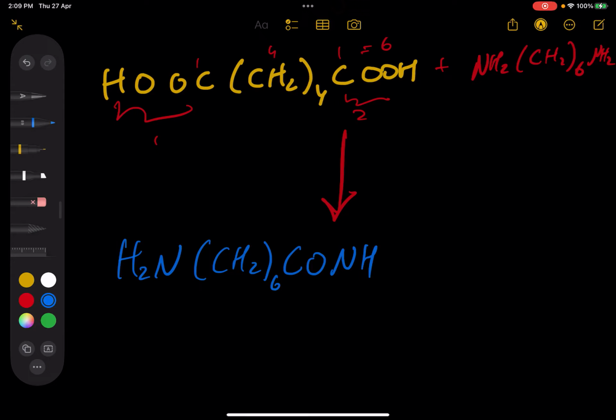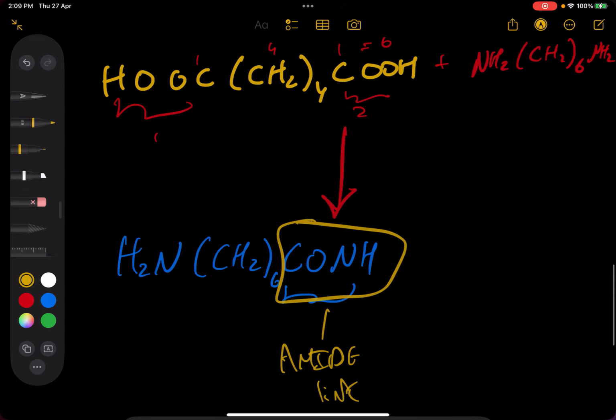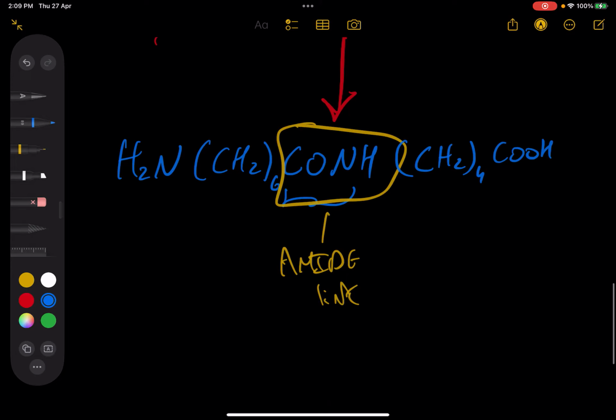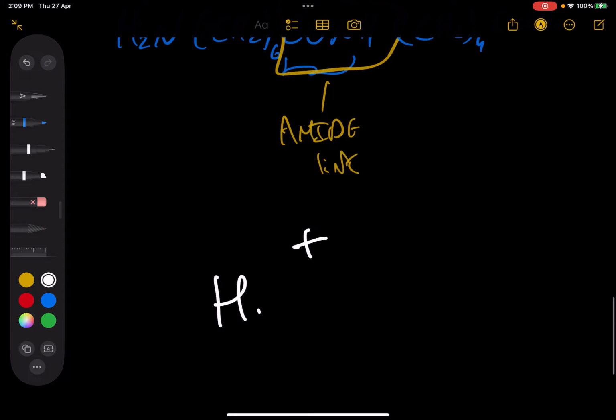Okay, this is the amide link. Then we have the rest of the hexane dioic acid: CH2, we have four of them, COOH. Also, what else do we have as a product of this reaction? Water. Very important. We have water.